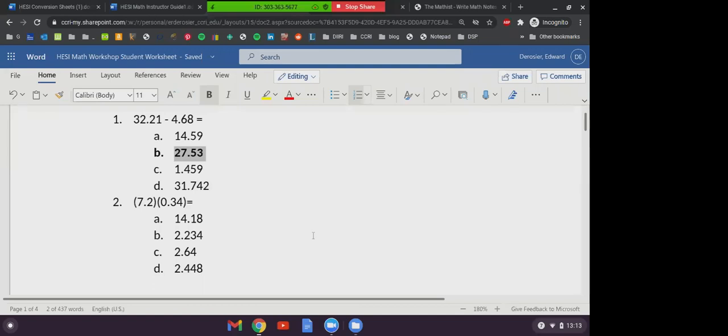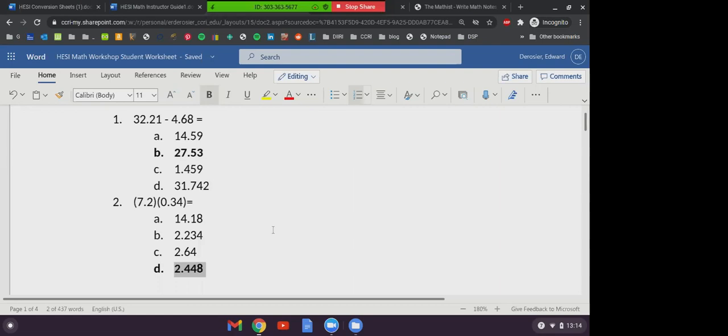Now I'm stuck between B and D. One way I can look at that is, if I multiply the last 2 digits, 2 times 4, it's 8. So I know my last digit has to be 8, which tells me that my answer has to be D. Again, you can check that on the calculator if you want, but that's how I would get the answer without actually doing the math out longhand or by calculator.